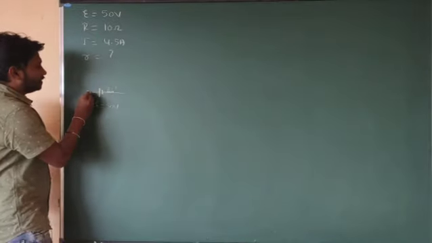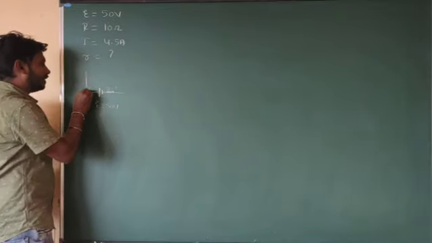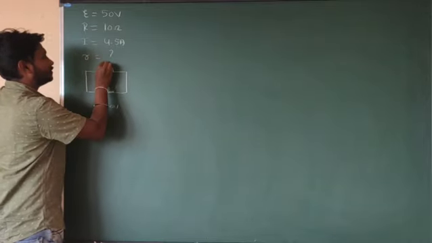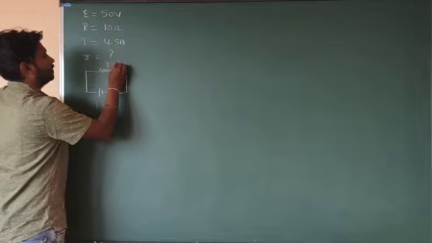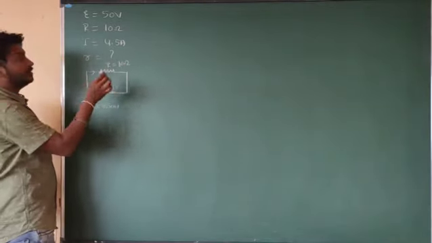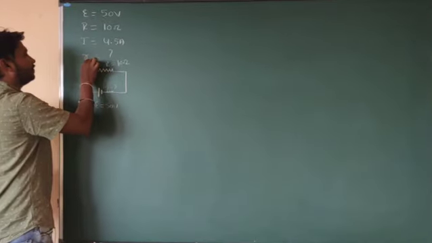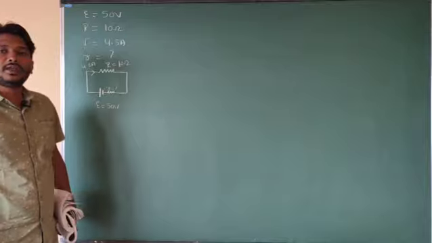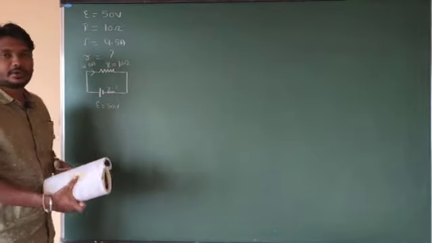This cell is connected to an external resistance of 10 ohm, and the current flowing through this resistance is 4.5 ampere. They ask us to find the internal resistance of this particular cell.